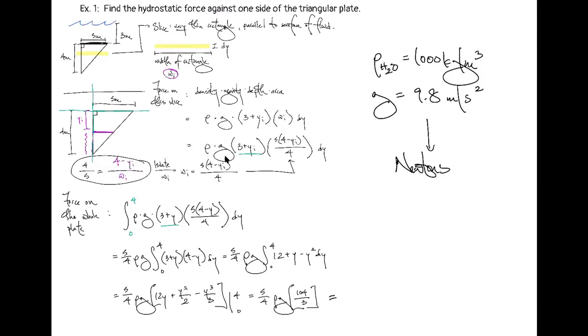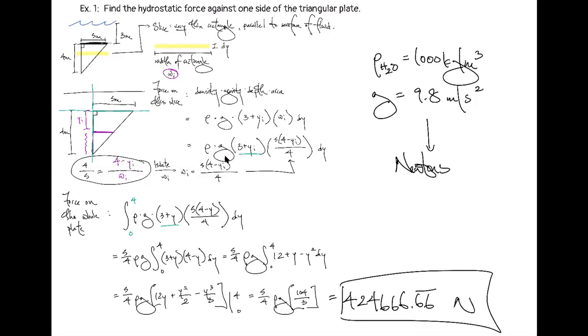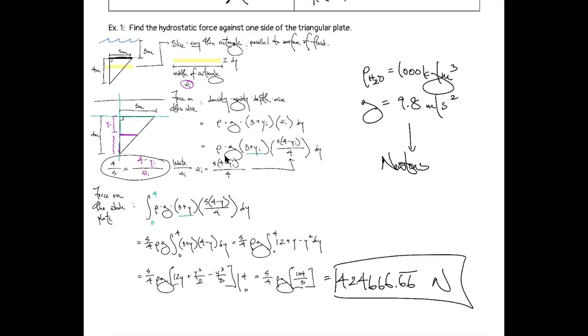So 5/4 times 1,000 times 9.8 times 104, and then divided by 3 should give us a lot of force on this plate that's been submerged under the water.